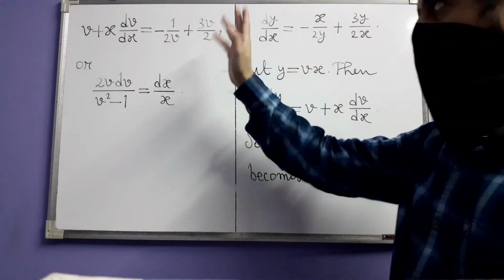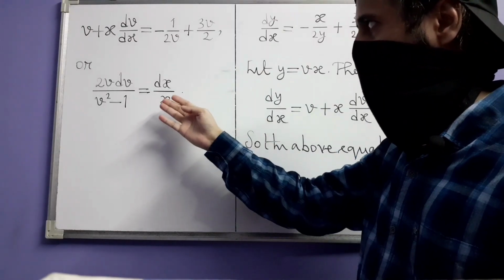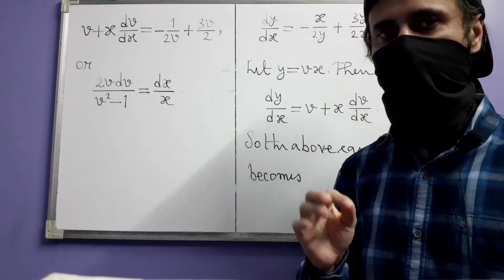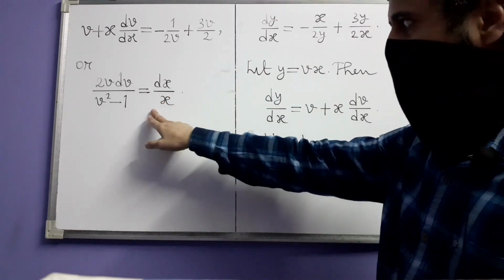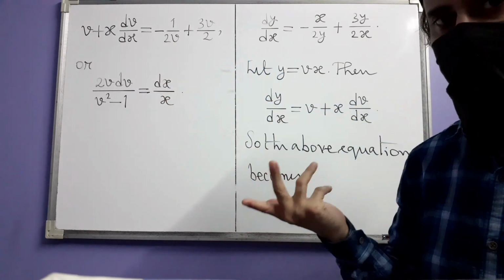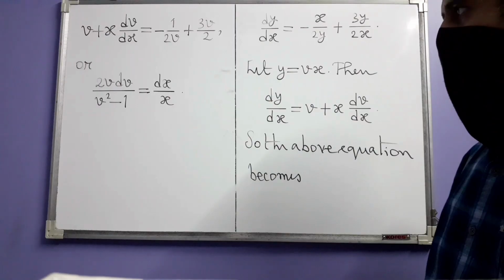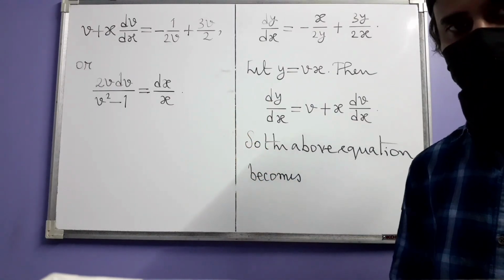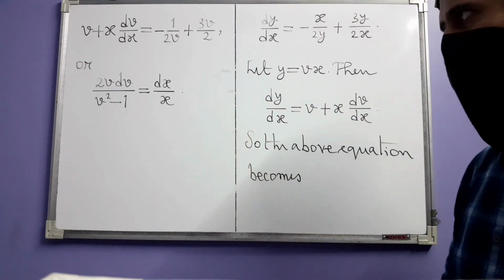And then after some algebraic manipulation, you can see that you can separate the variables v and x like this. I haven't shown the intermediate steps because that's just simple algebra. So now you can of course integrate both sides and get your solution.